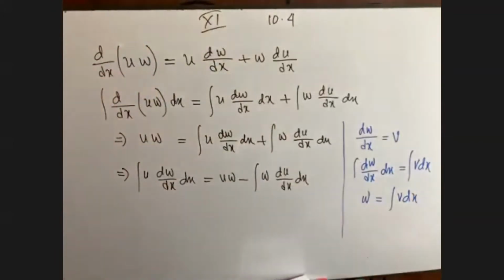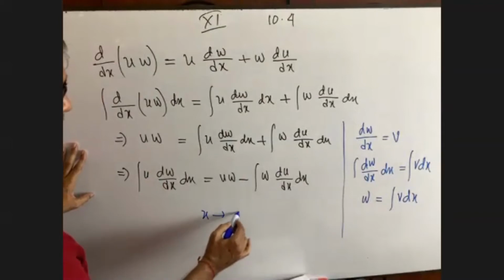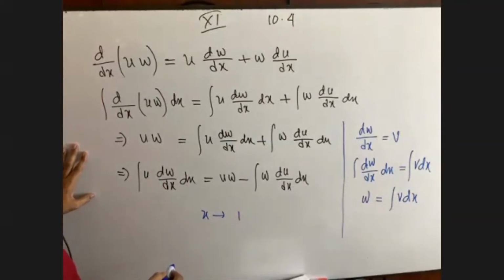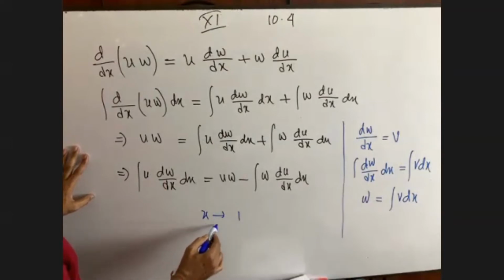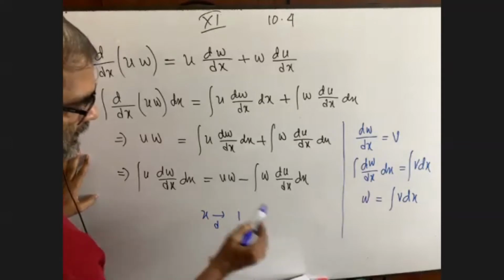Sir, do you mean by the word repulsed that integration and differentiation cancel each other out? Yes, and one day I told you. Suppose x, what is its differentiation? 1. And its integration is again x.